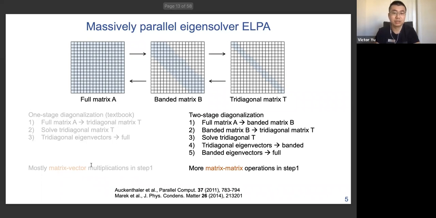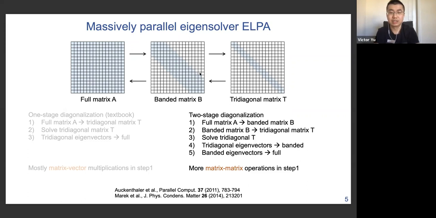So this leads to the second algorithm in ELPA, which is a 2-stage algorithm. So instead of directly converting the full matrix to the tridiagonal form, it first transforms it to a banded form. And this transformation can be done using mostly matrix operations, which are more efficient.